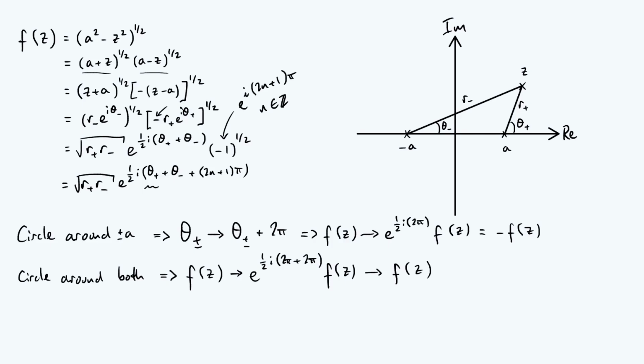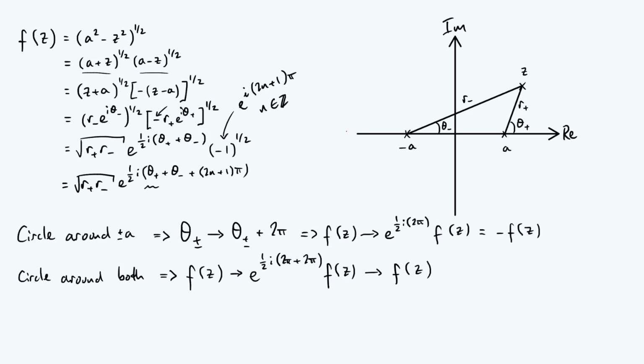There are various possible branch cuts that we can introduce for this function to prevent this issue of multivaluedness. Remember that the main issue is that we want to stop ourselves from circling around either of the branch points individually, but we can circle around both of them at the same time.